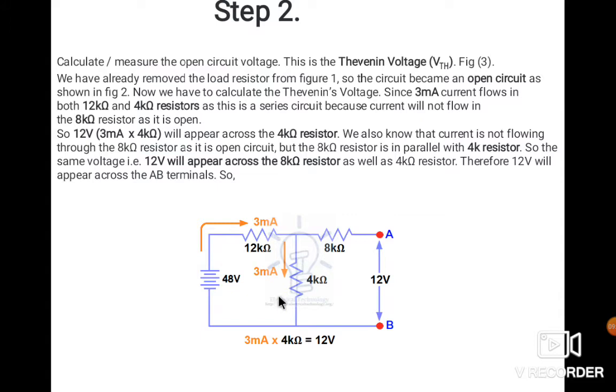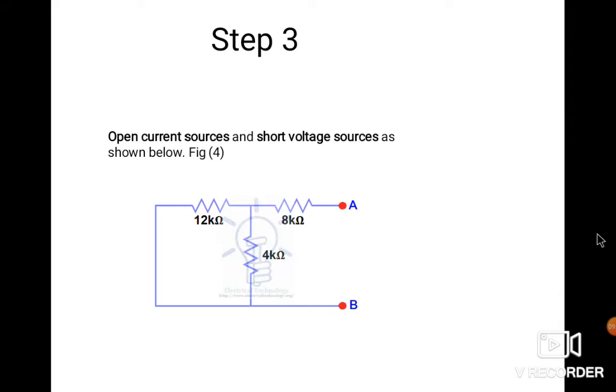So in the second step we have found the total VTH. Now in the next slide, what you have to do is short circuit the voltage source as per the rule. I have short circuited this terminal voltage and find the RTH by simple series parallel circuit.